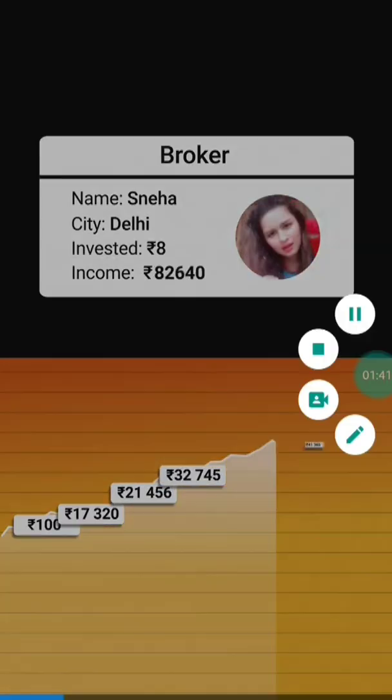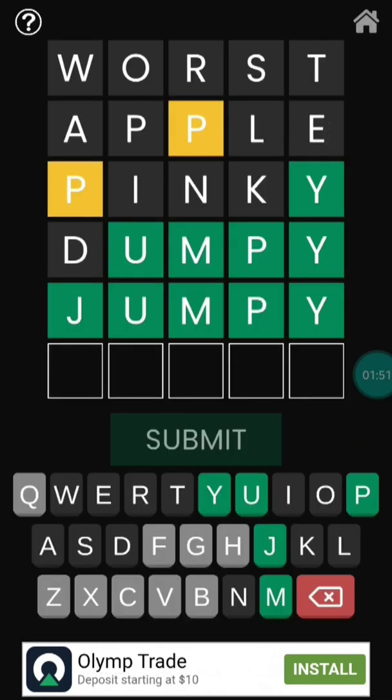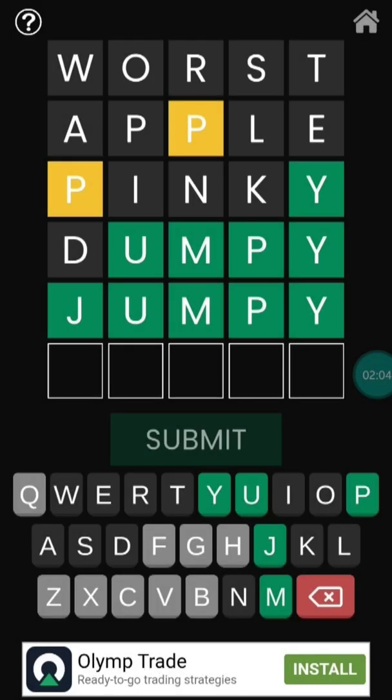You will see an ad after the game, but you will also see statistics. If you want to share it on Instagram or Facebook, click on the share option and you can share that. If it is yellow, it means that the letter is in the word but not in the right place.